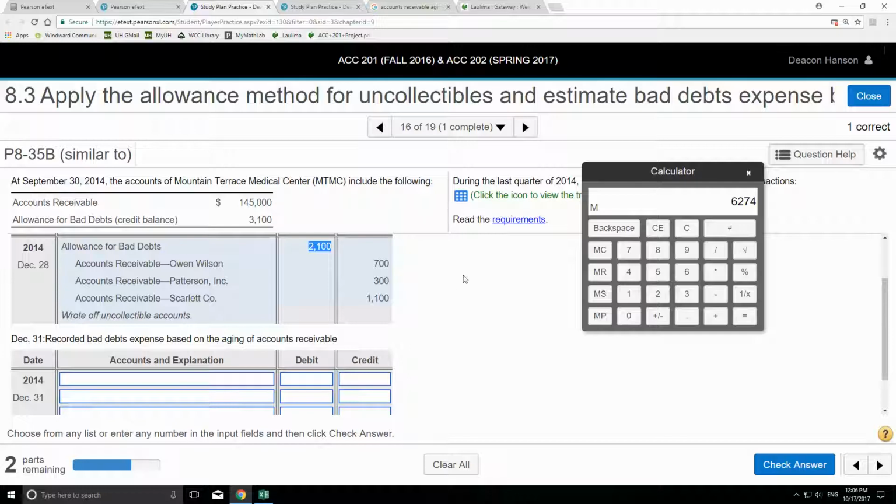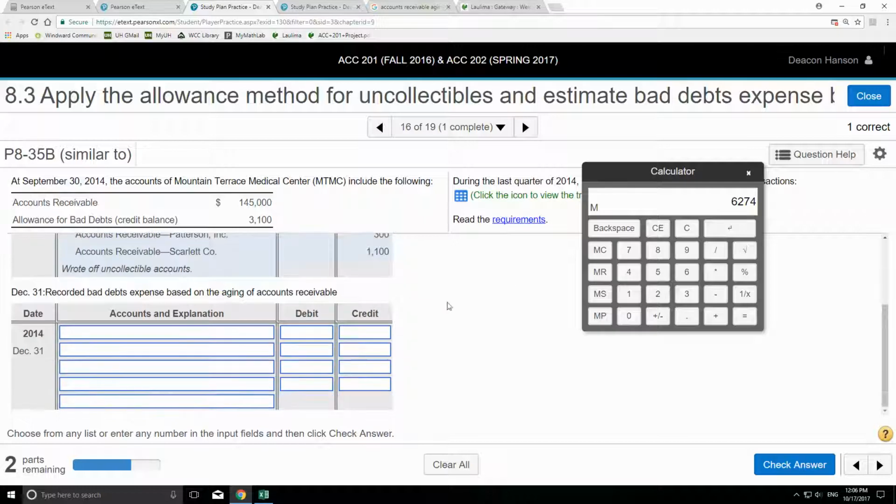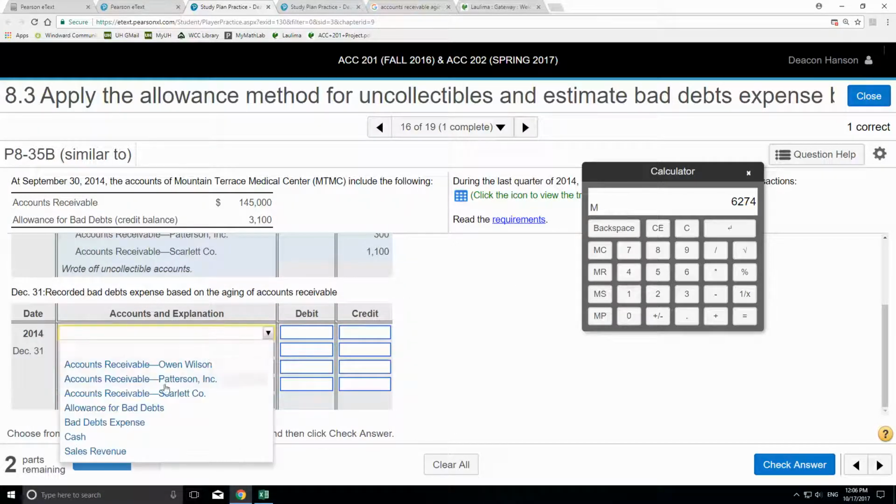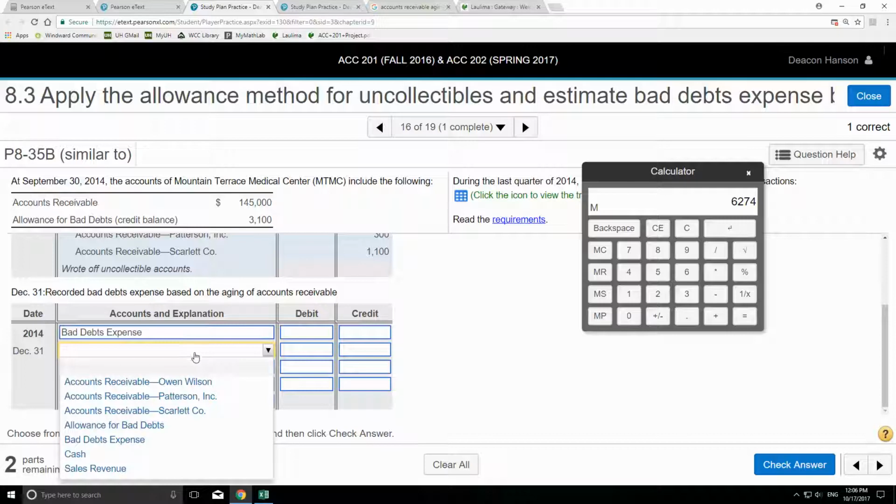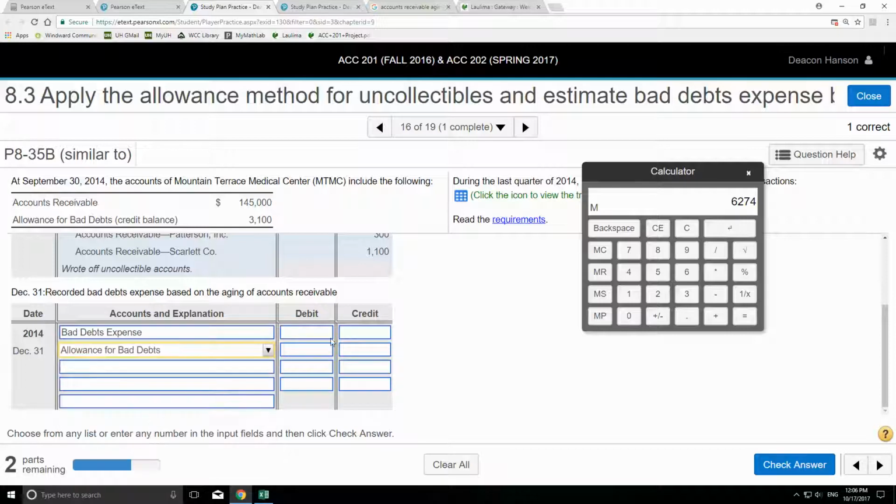And what we're saying is we need the allowance to be 6,274, but we already have 1,000. So our entry only needs to be 5,274. Okay. Does everybody see how I did that? Okay, let me diagram it.